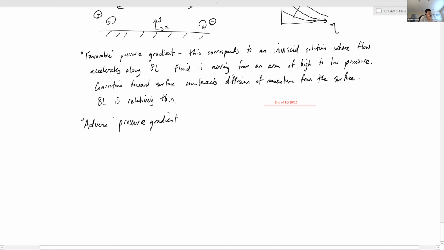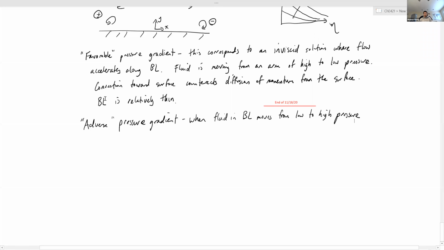Okay. This is when fluid in a boundary layer moves from an area of low to high pressure. Okay, and basically what we have is the opposite.